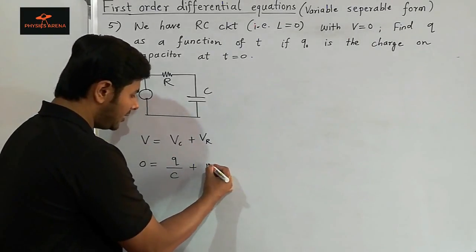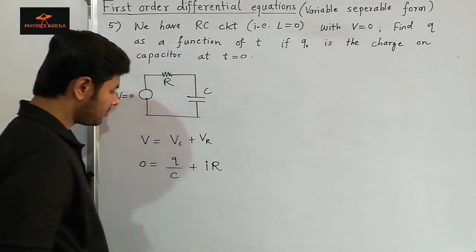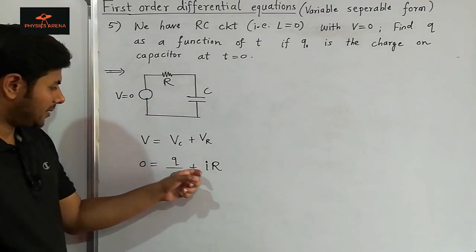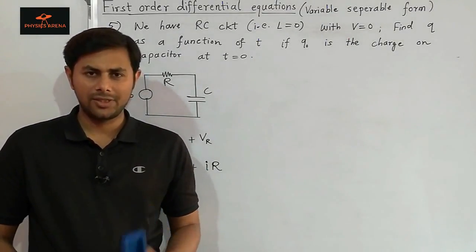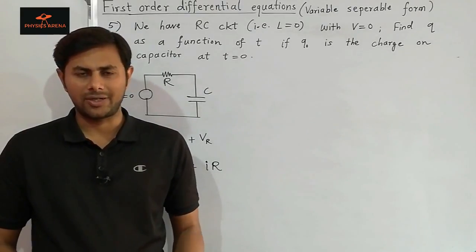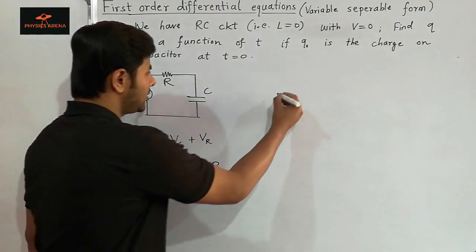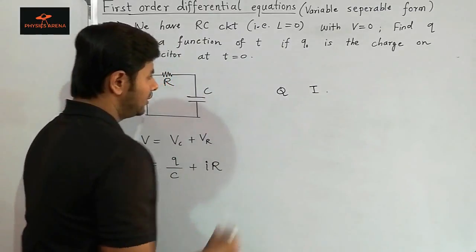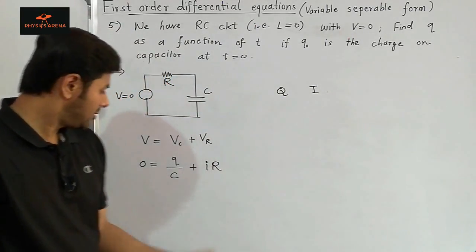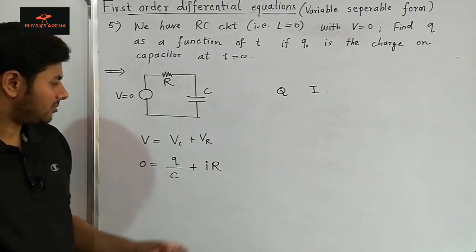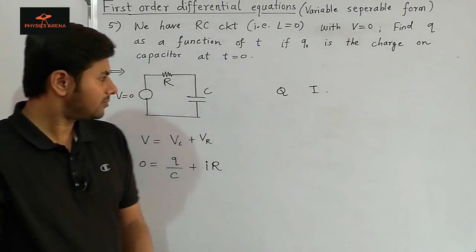It is I into R. And we are writing these lowercase letters which tell us that these quantities depend on time. If we write Q and I, these values are written for constants, and we take lowercase letters for the variables.